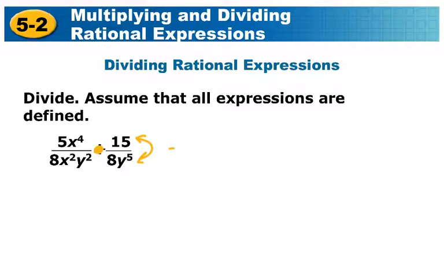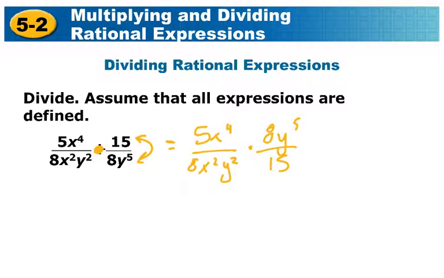So officially, to change your division into multiplication, you keep the first one the same, change the sign to multiplication, and then flip the second one, and now you can just use multiplication instead of division.